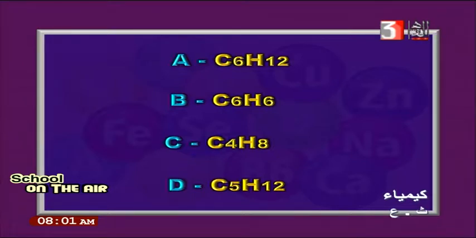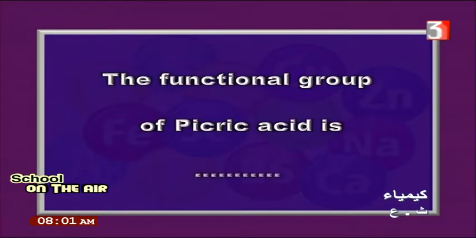Which one is suitable to be cyclic? Directly we say C5H12 is not cyclic. Why? Because it does not complete a ring. C6H12, C6H6, C4H8, right, except C5H12.